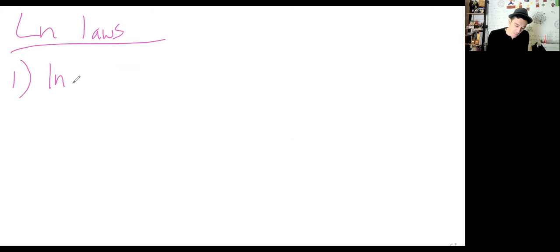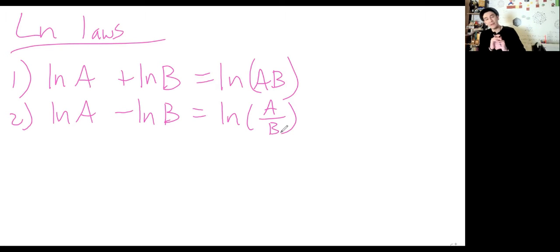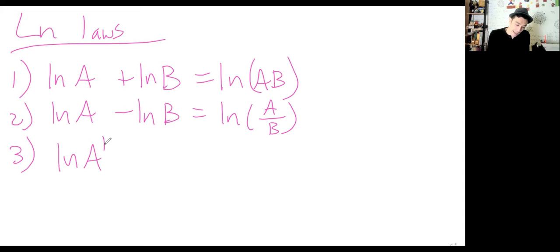Here's the first one: ln of A plus ln of B equals ln of A times B. Here's another one: natural log of A minus natural log of B equals natural log of A divided by B. There is a third property that says that ln of A to the power of B would be equal to B times natural log of A.